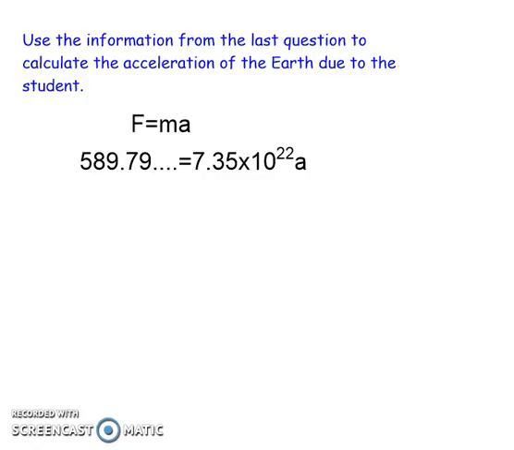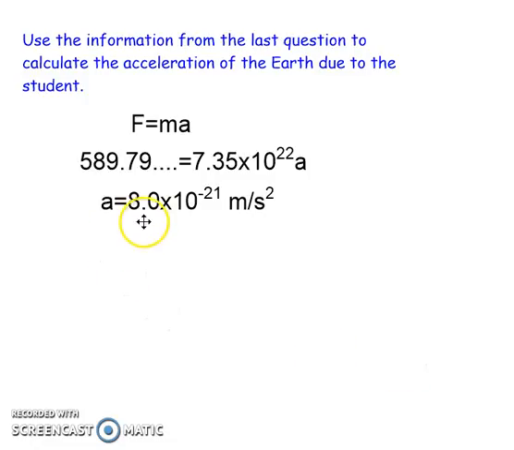And dividing both sides by the mass of the Earth, we get that the acceleration of the Earth caused by the student is actually 8.0 times 10 to the negative 21 meters per second squared. So the Earth actually does have an acceleration caused by the student. It's just very, very small, so small that we would not notice it.